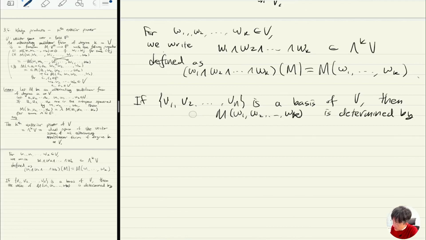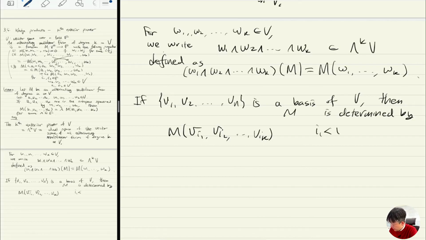Actually M is determined by M of v_i1, v_i2, ..., v_ik, for i1, i2, ... being numbers from 1 up to n. If I know all of these values for any selection of k members of the basis, then that will determine this alternating multilinear form.